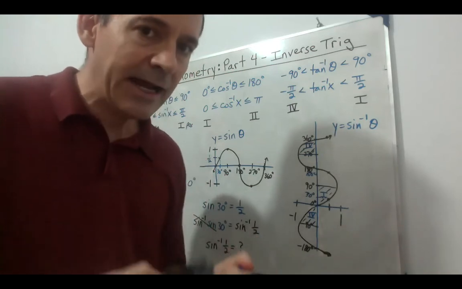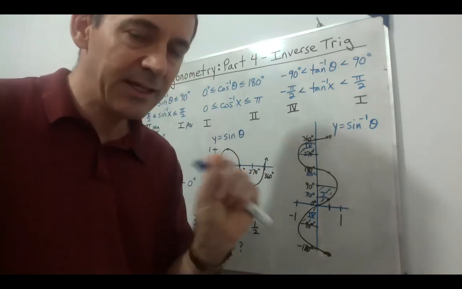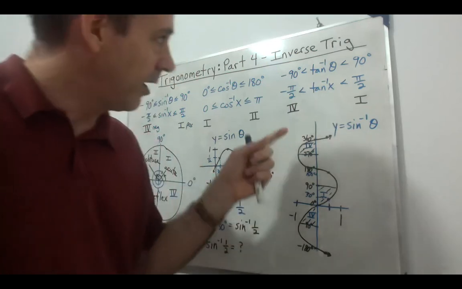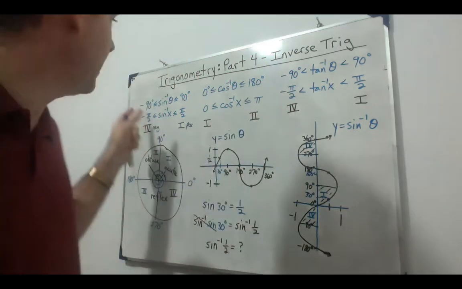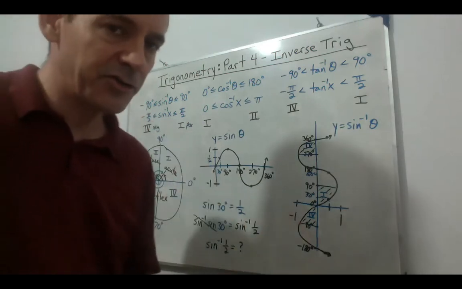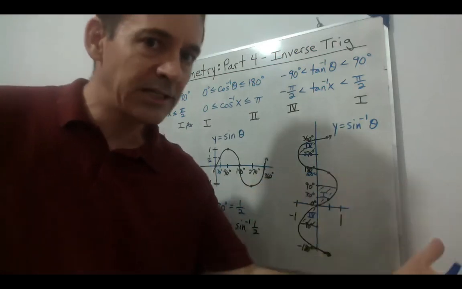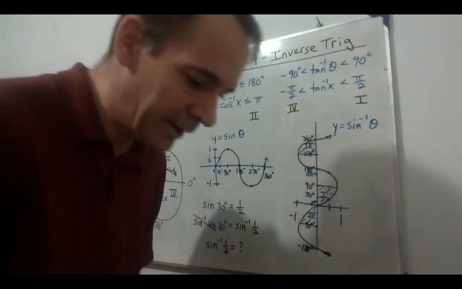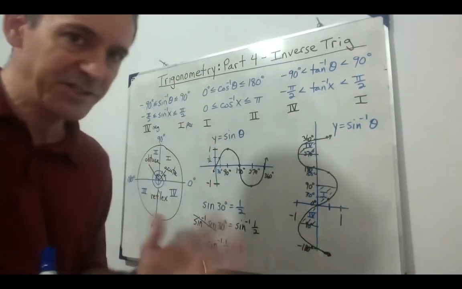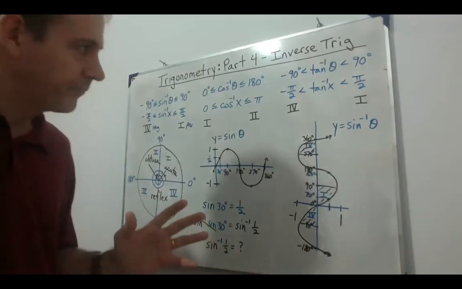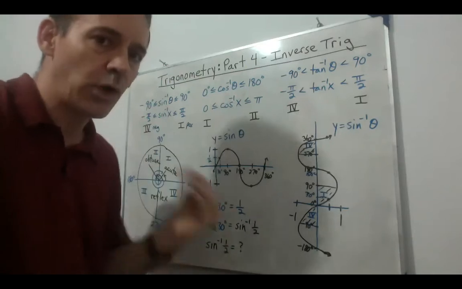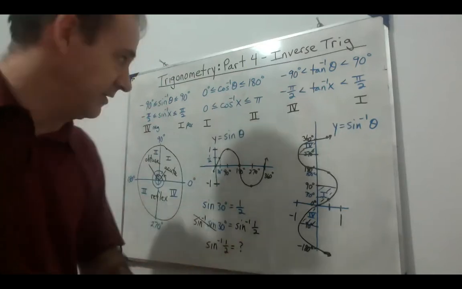So you're going to have to adjust your thinking from what your calculator gives you to what's required. Also, some of these are in the negative direction, and your domain statement might be all in the positive direction, although sometimes they are in the negative direction as well. So you have to really pay attention to those domain statements and also understand why your calculator gives you what it does.